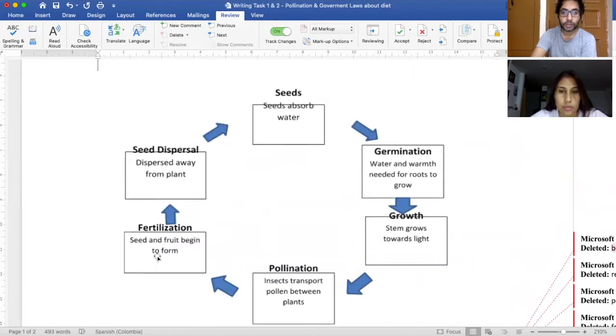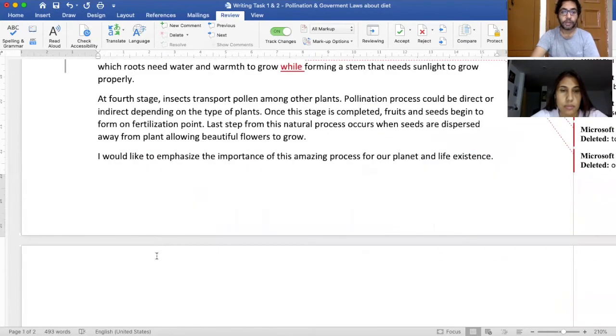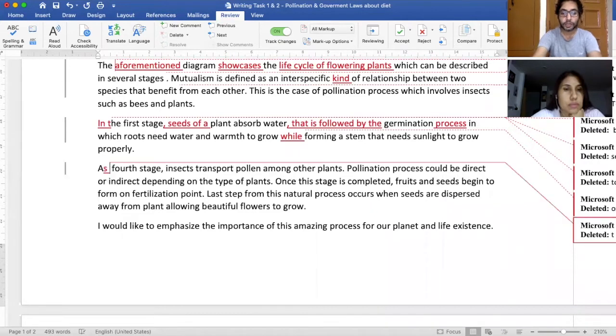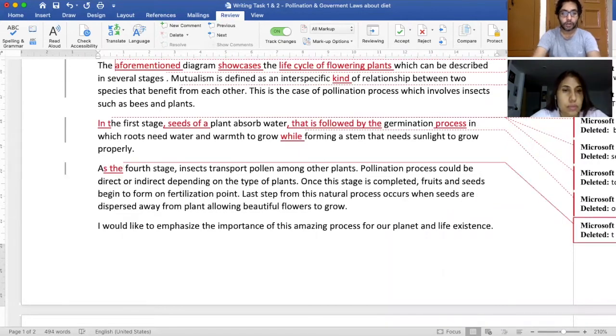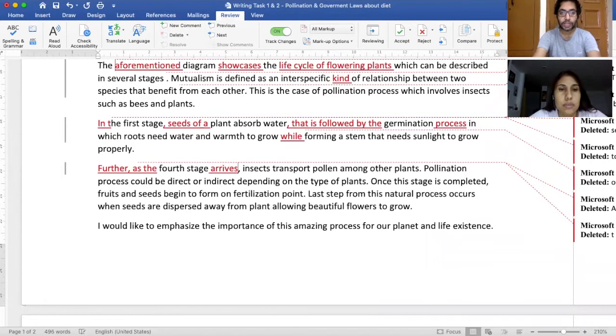Or you can say, as the fourth stage arrives, or further, right? Put some connector. As the fourth stage arrives, insects transport pollen among other plants.